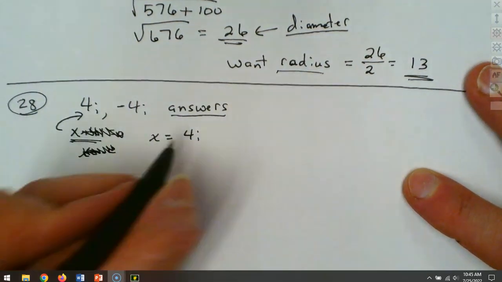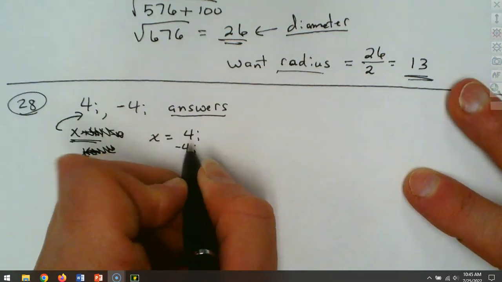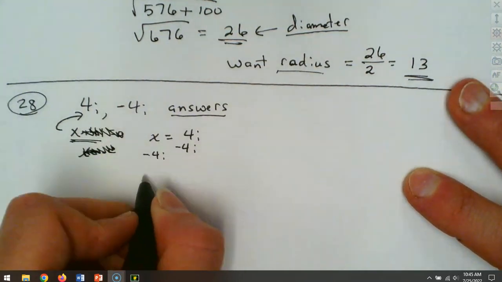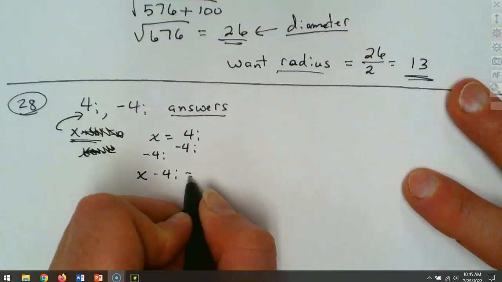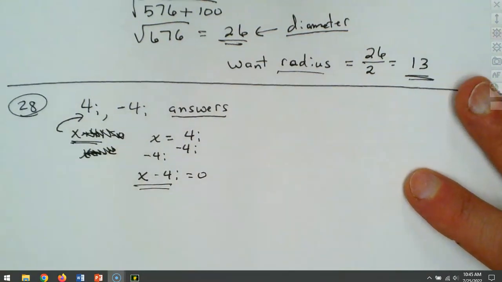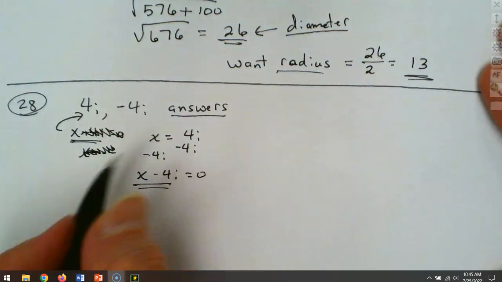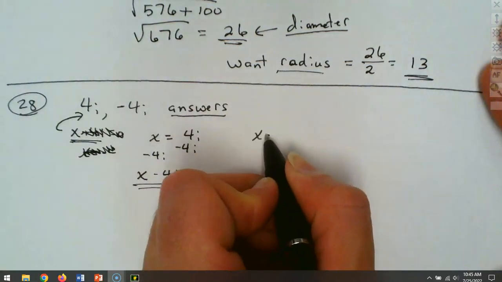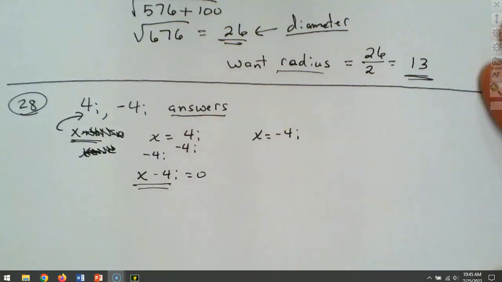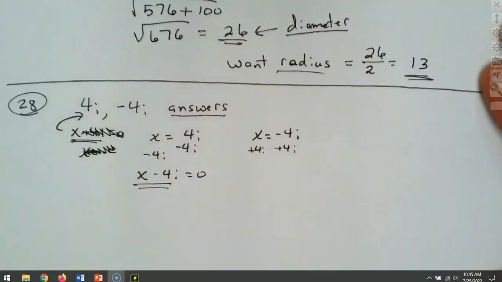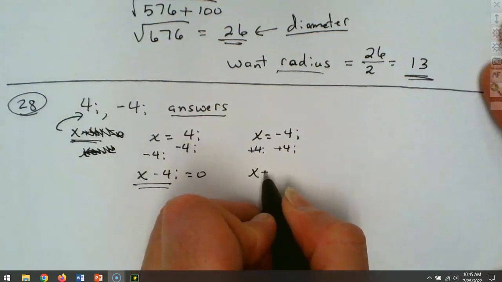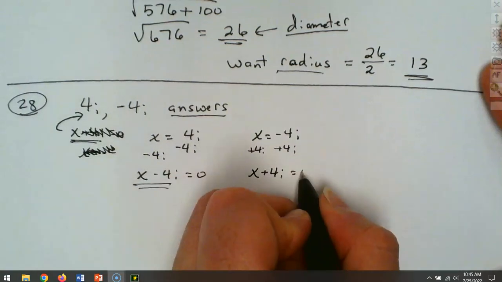But if I've got x equals 4i, that means I can bring it across, and I get x minus 4i equals 0. And that's a part of it. I can take the other one, which is x equals minus 4i, and I can bring it across with addition, and I get x plus 4i equals 0.